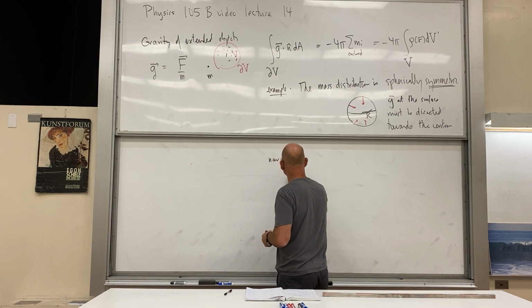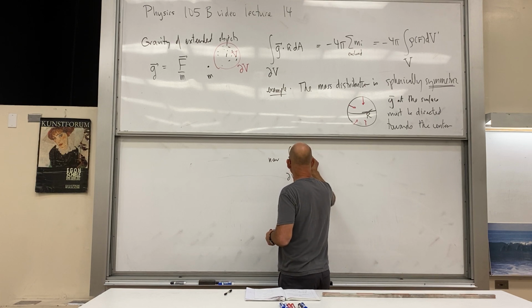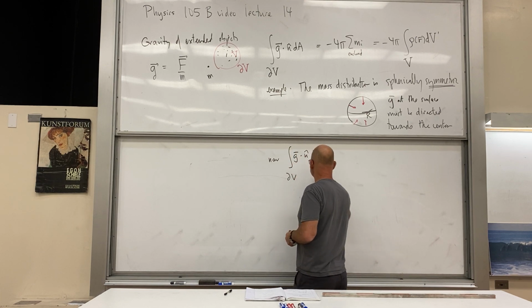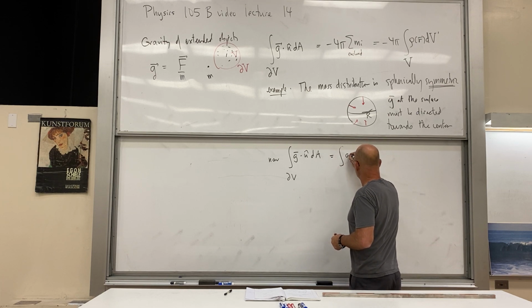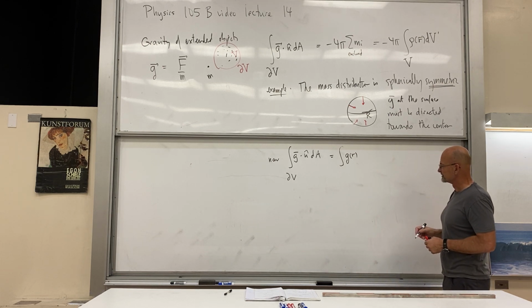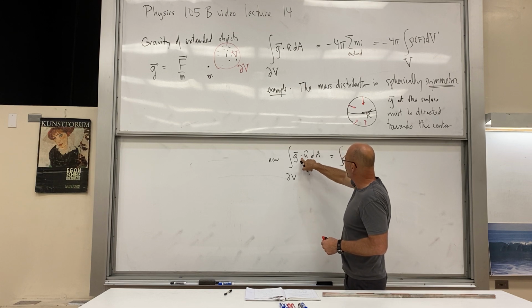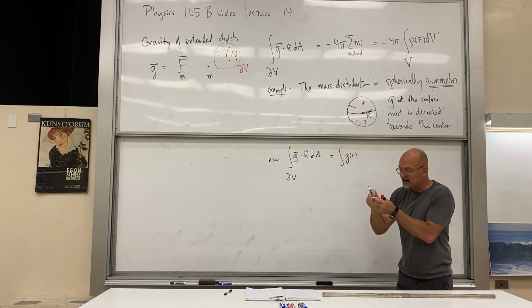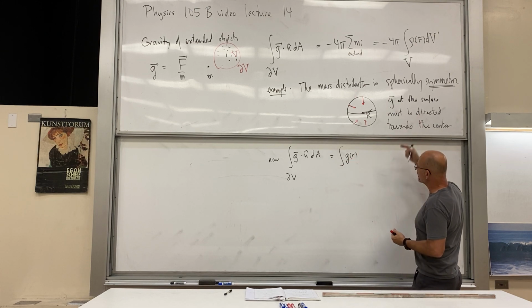Now this integral, G dot n hat d area, is going to be an integral. G can only depend on R now, and n hat is pointed outside because it's the outer surface normal, and G is pointed in by this argument.